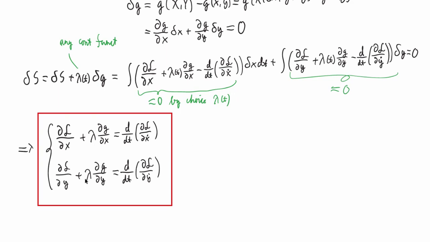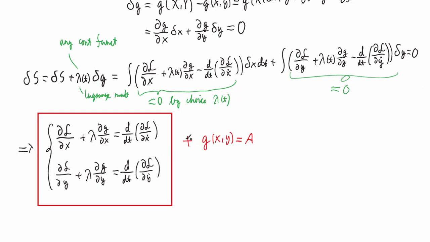So instead of using the constraint to reduce the number of variables, generalized coordinates, from 2 to 1, we have used this Lagrange multiplier method, because lambda here is a Lagrange multiplier, to keep two different, in principle independent, Lagrange equations. And to them we also have to add our actual constraint.